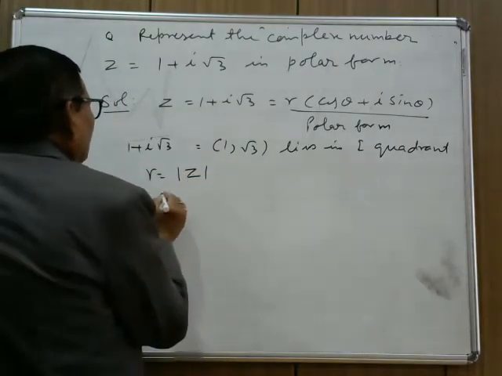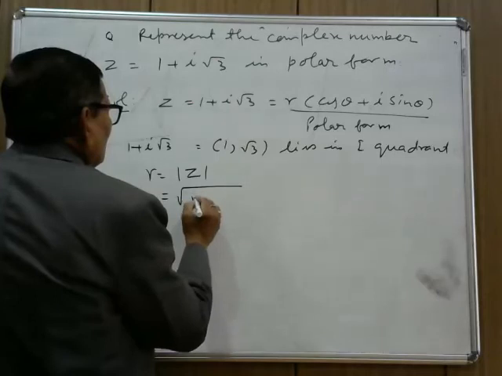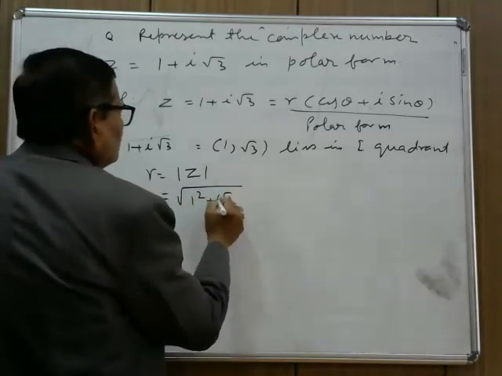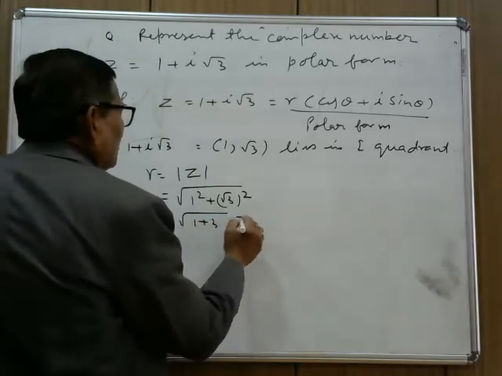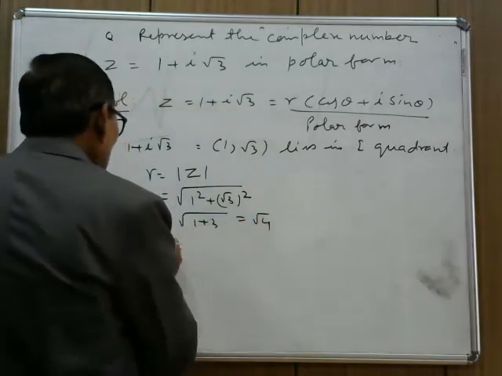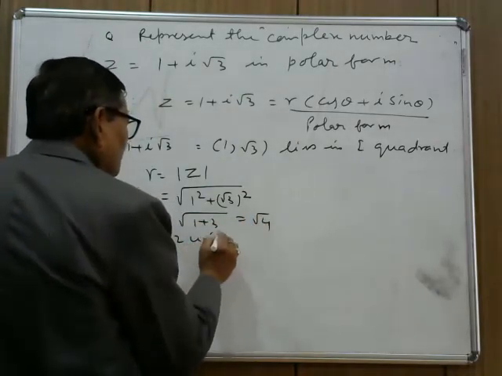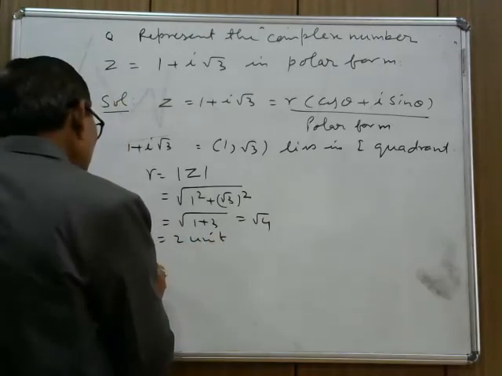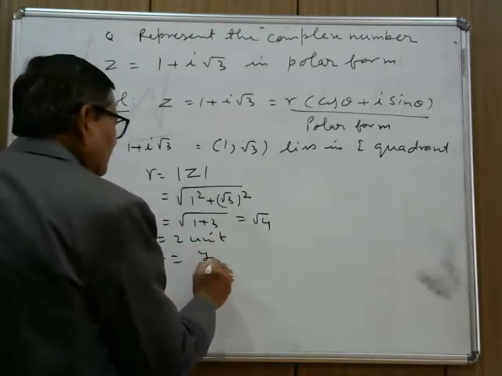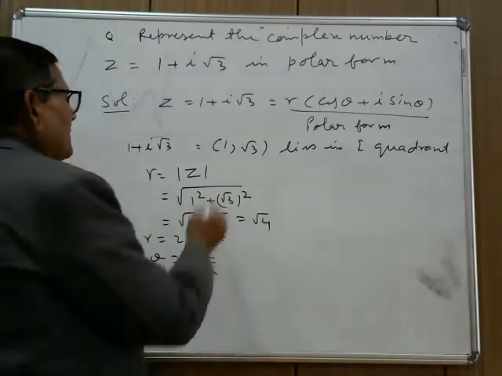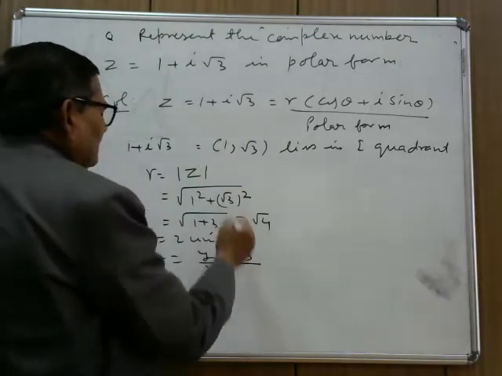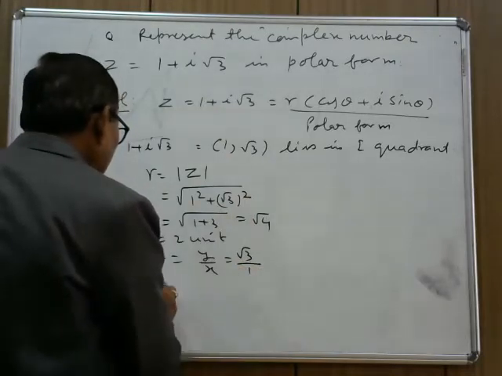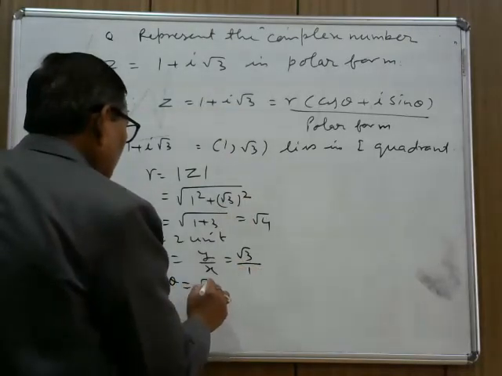So the modulus of z is the square root of 1 squared plus root 3 squared, which is the square root of 1 plus 3, the square root of 4. So your r is 2 units. Now tan theta is equal to y upon x. The imaginary part of the complex number is root 3 and the real part is 1. So tan theta is root 3.